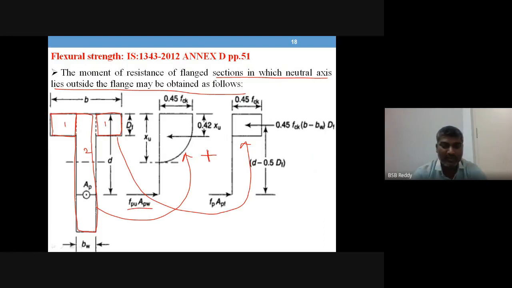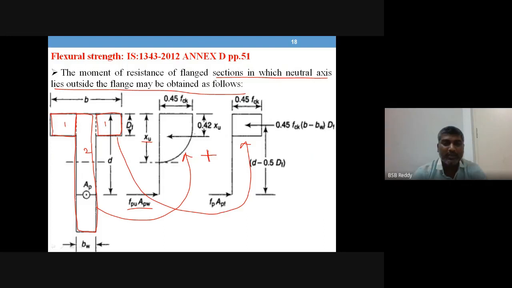Say stress in steel, fpu, and Apw, the area of pre-stress in web. Likewise, fpu and Apf for the flange.